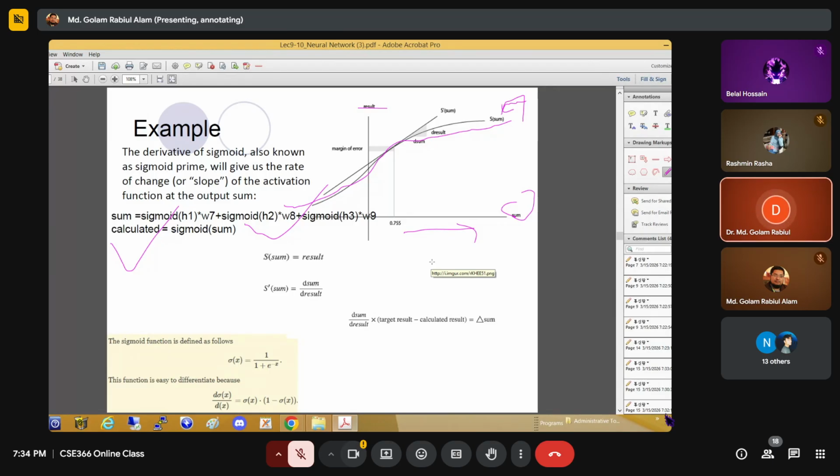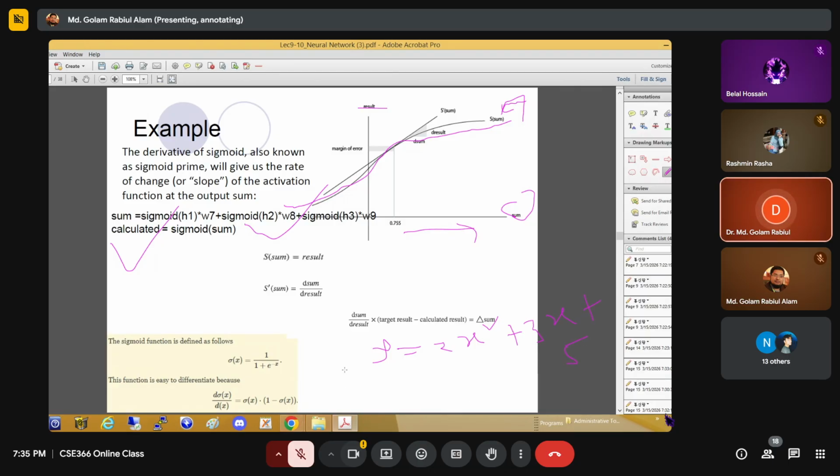That means if we consider any equation we have, maybe you can say y equals 2x square plus 3x plus 5.